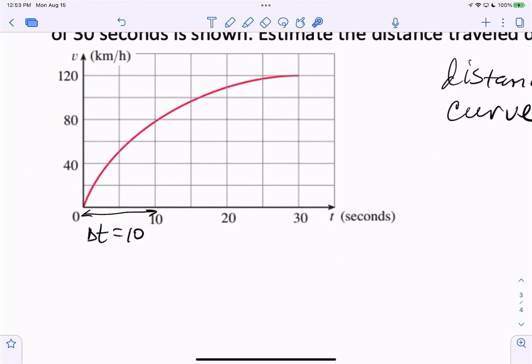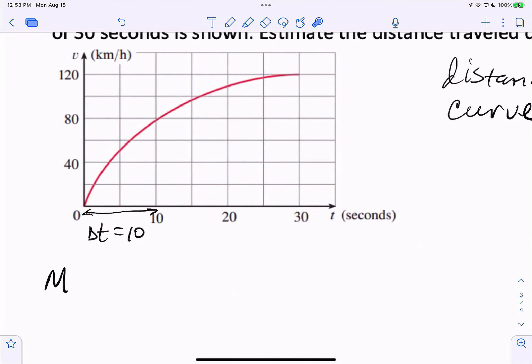I'm going to use midpoints. And with an interval length of 30 seconds and a subinterval length of 10, that means I'm going to use M sub 3. And then I need to estimate the velocity, or the function height, at the 3 midpoints.